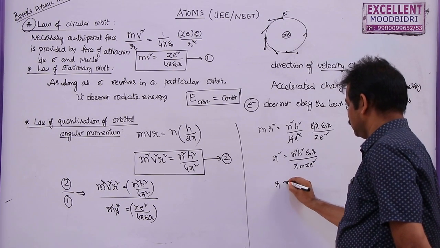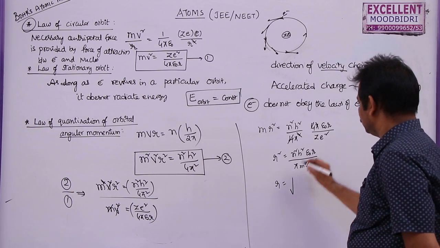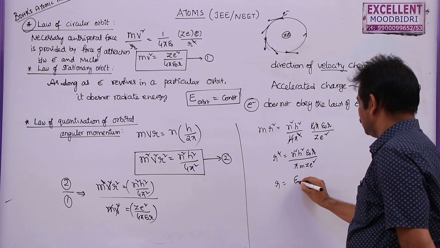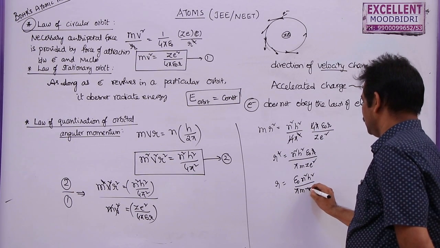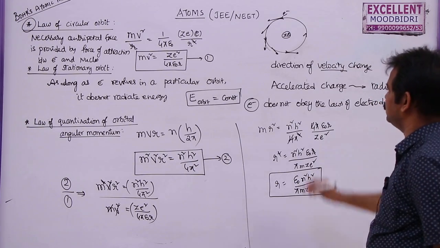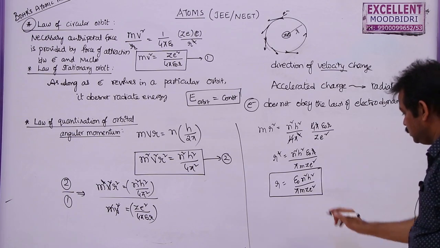So what is r here? r is equal to, this r and r also get cancelled here, then you will have epsilon naught n square h square by pi m Ze square. This is the radius of the orbit in which this electron is moving.